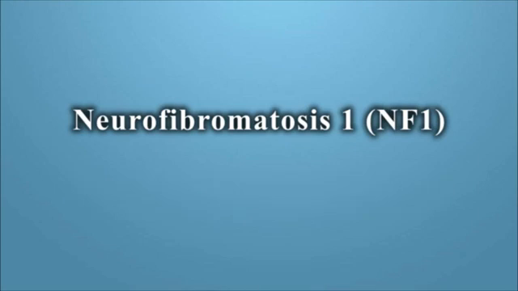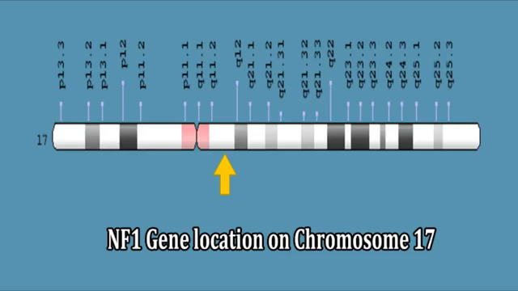Neurofibromatosis 1, that is NF1, is caused by a mutation in the gene NF1. This gene is located on chromosome 17. This gene codes for a protein called neurofibromin. The normal function of this gene product is to maintain the normal proliferation and growth of cells.